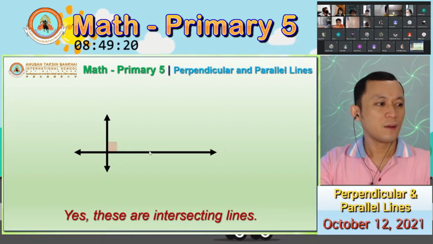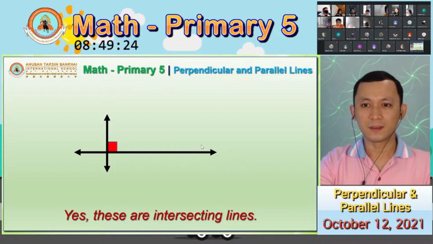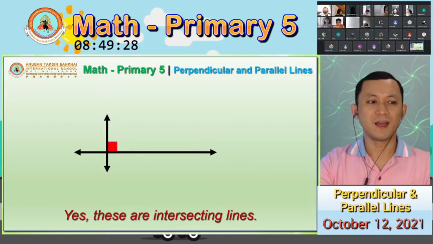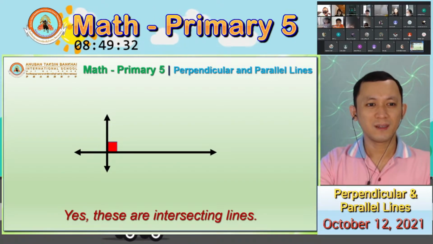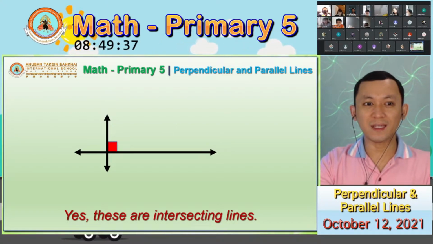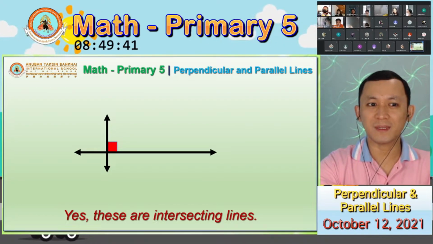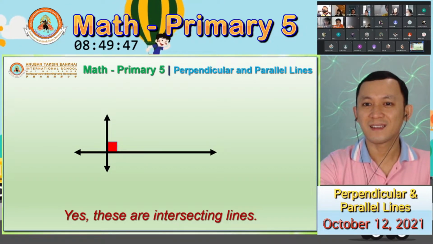Now, we have also this square symbol. Can you still remember from yesterday? Again, what angle is this? Right angle.